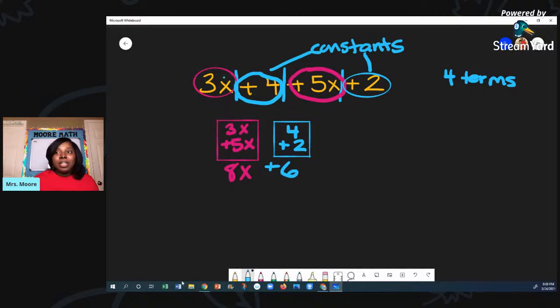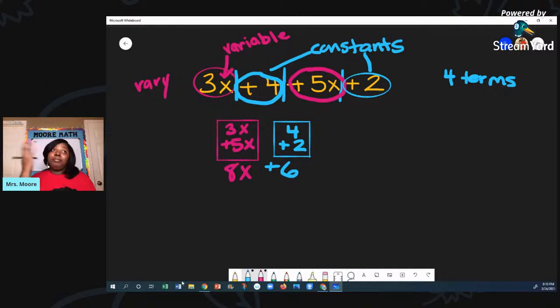Okay, what's this x called? Anybody know? The letter x or y or the first letter of your name, it's called a variable. And if you think of the word vary, V-A-R-Y, it changes. One day x can represent the number 1.